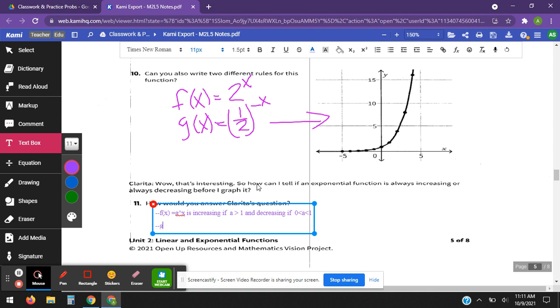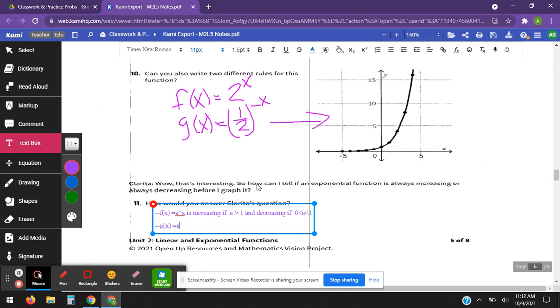The same thing is true if we do g of x equals a to the negative x.